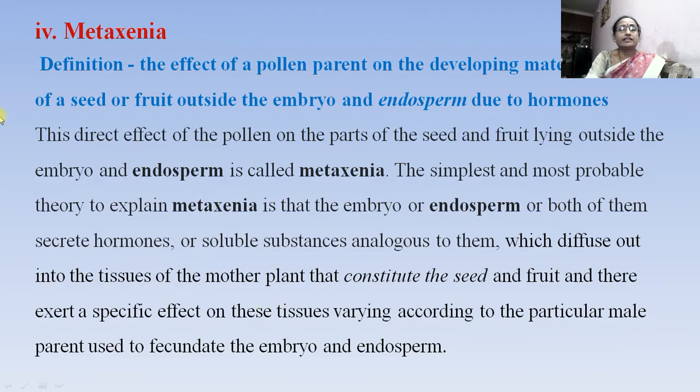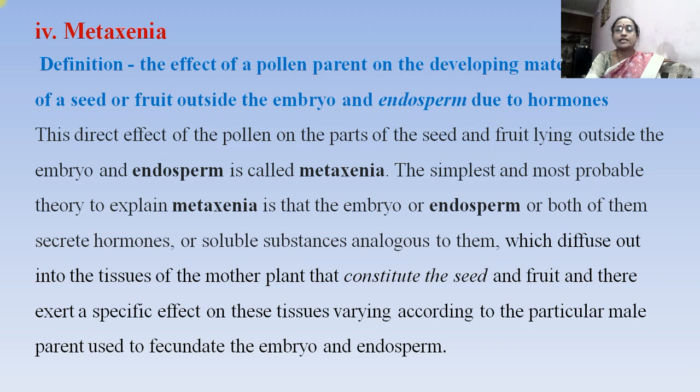Then the next is metaxenia, the effect of the pollen parent on the developing maternal tissue of the seed or fruit outside the embryo and endosperm due to hormones only. This is the definition of metaxenia. This direct effect of pollen on parts of seeds and fruit lying outside the embryo and endosperm is called metaxenia.